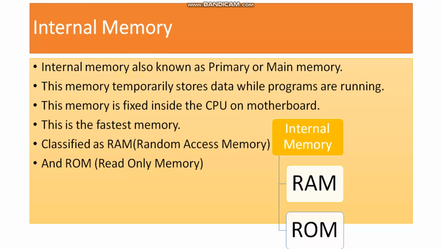So it stores data temporarily while the programs are running. This memory is fixed inside the CPU on the motherboard. It is already there inside the CPU. This is the fastest memory, and it is categorized into two parts: RAM, random access memory, and ROM, read only memory. Let's discuss what is RAM and what is ROM.